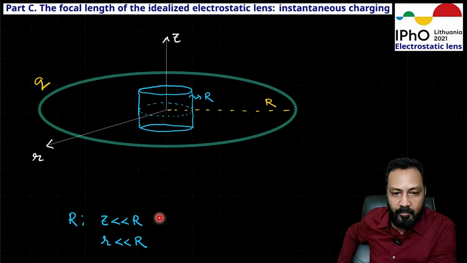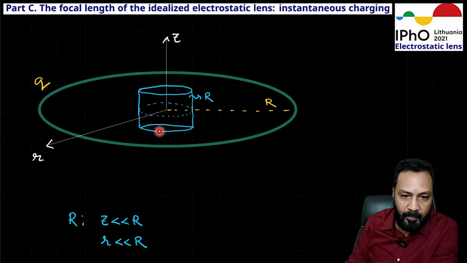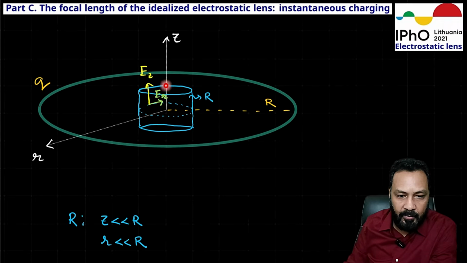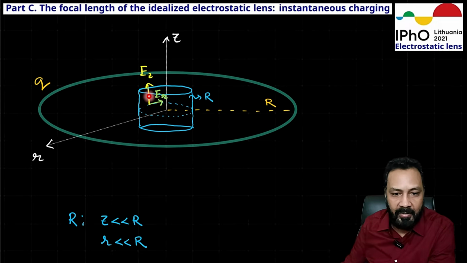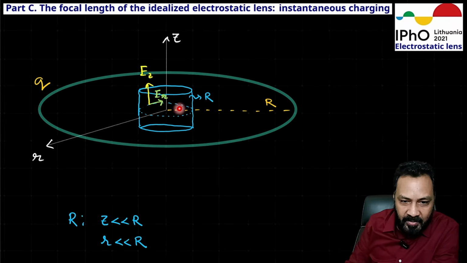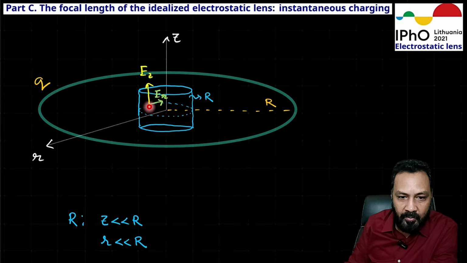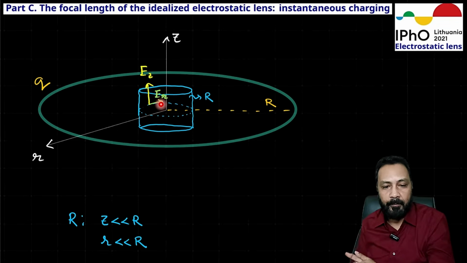In this region, we have to write the electric field. So let me take a general point here. The electric field has two components. This is the E_Z component. Actually, we had written the Z component of the electric field on the axis, but the small r is so small that it is almost the same as it was on the axis. And this E_R is the radial component, which was also written in the plane, but because Z is so small, I can also use it slightly off the plane.